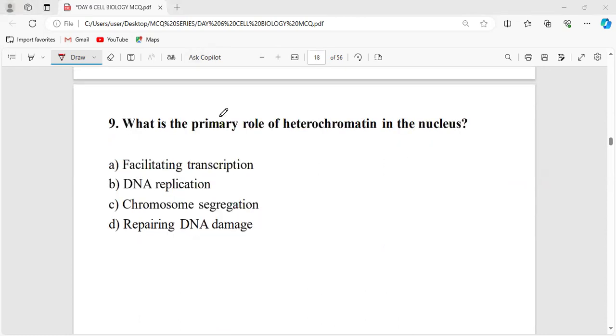What is the primary role of heterochromatin in the nucleus? In the nucleus, what is its primary function? Facilitating transcription, DNA replication, chromosome segregation, repairing DNA damage.